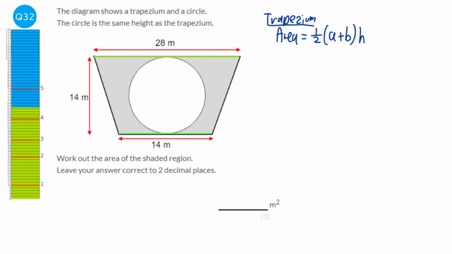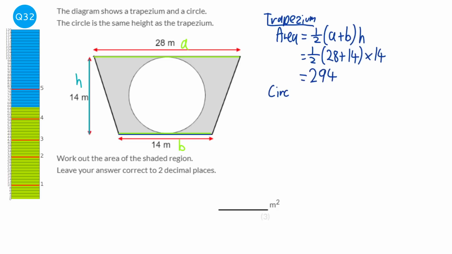So that is a and b. And then the h is the perpendicular distance between them. So perpendicular means it hits it at right angles. So that's what we've got here. So the area would be half times A, which is 28, plus B, which is 14, times the height, which is 14. And so that would be 294.